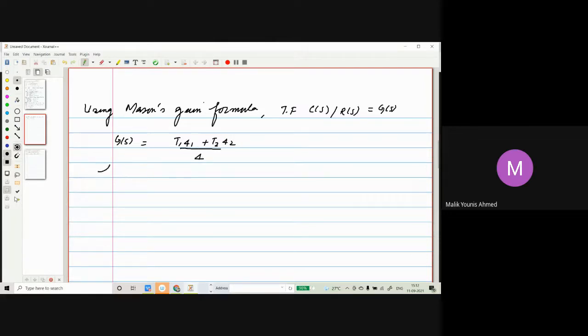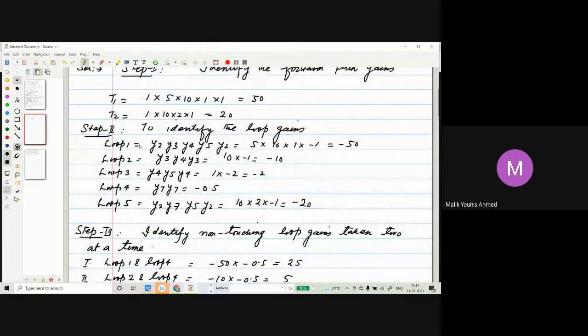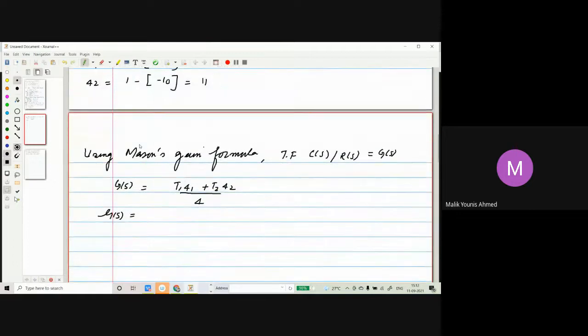So T1 is 50, T2 is 20. Okay. 50 into 1.5 plus 20 into 11.